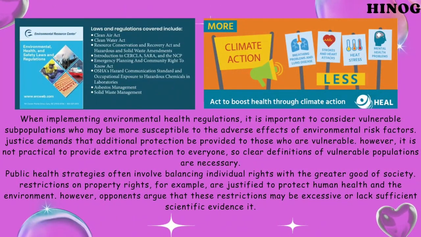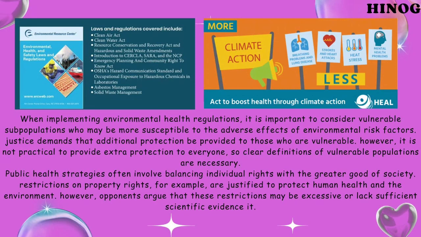When addressing environmental health concerns, it is important to consider vulnerable populations who may be more harmed by environmental risks. Ethical considerations such as protecting human subjects in research and balancing individual rights with societal well-being play a crucial role in decision-making processes.